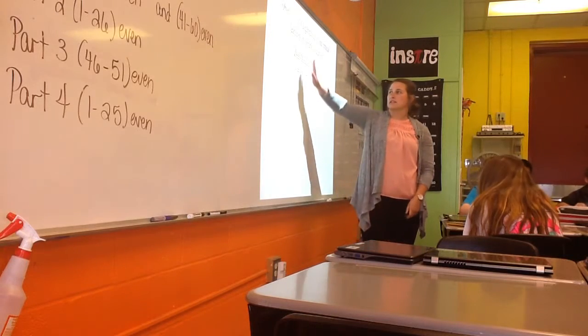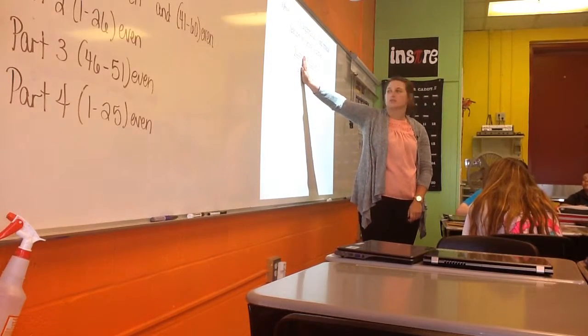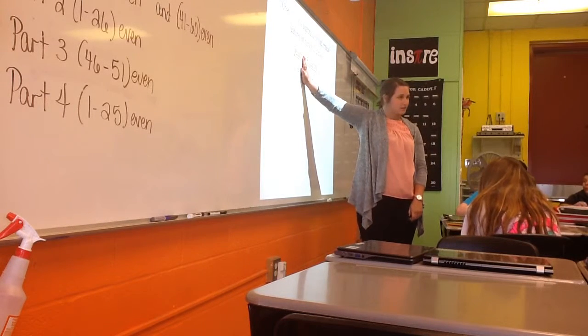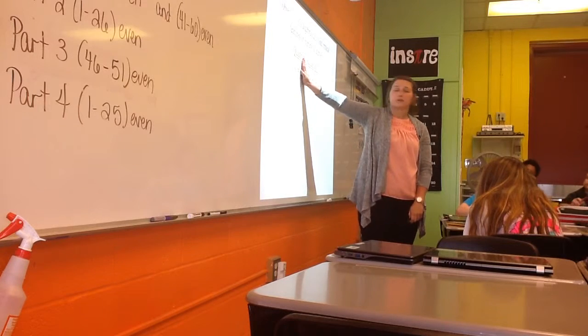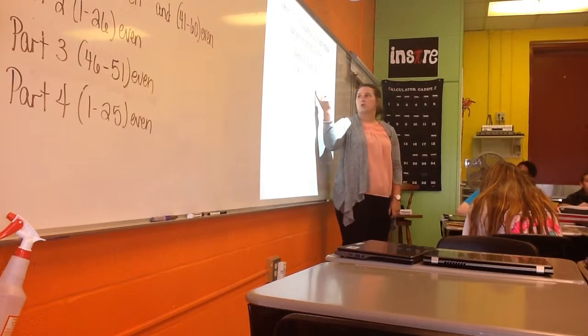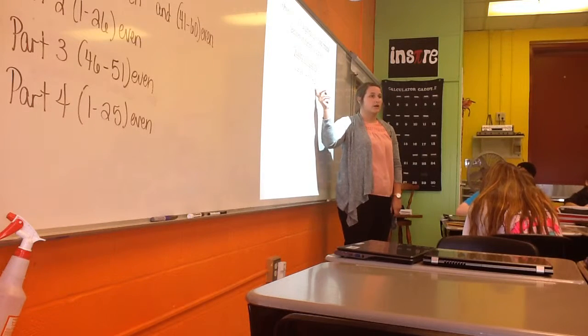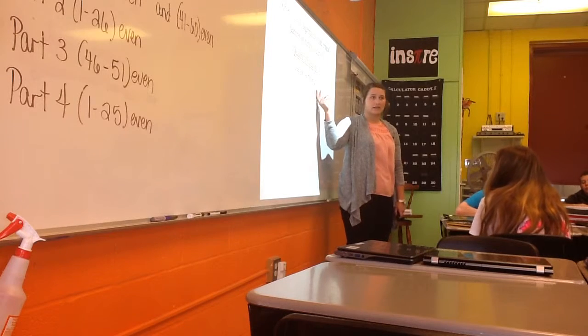If I look at this equation and I take out the ax squared, what does that make you think of? y equals bx plus c, like mx plus c, slope-intercept form. So the bx would be the slope, and the c is the y-intercept, which is where we start our graph, right?